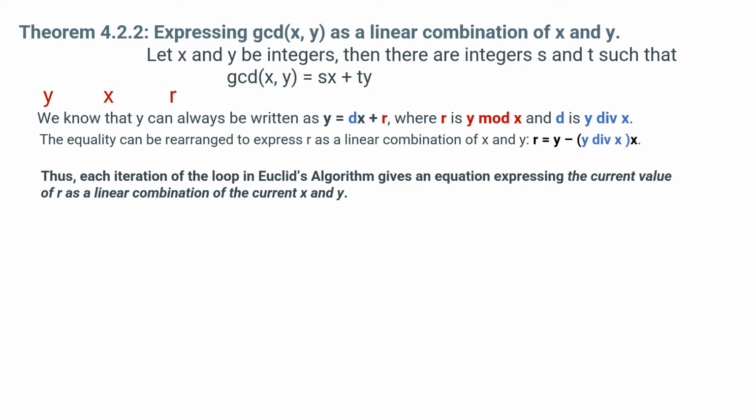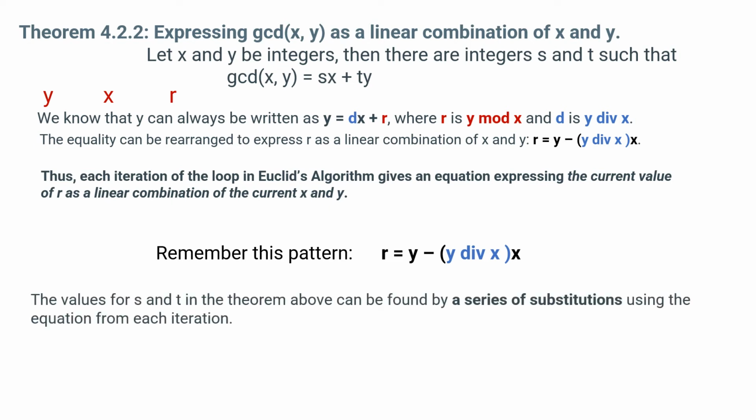So we see that is a linear combination right there. So each iteration of the loop will give us this equation expressing the current value of r as a linear combination of the current x and y. Okay, so remember this pattern again. r equals y minus y div x times x.